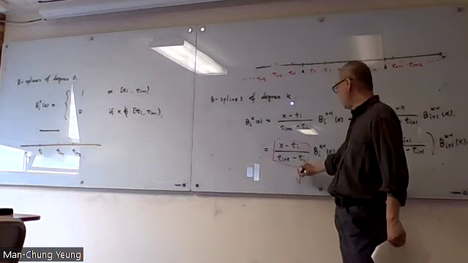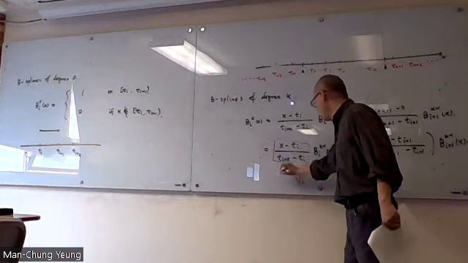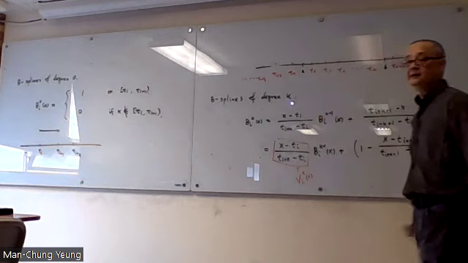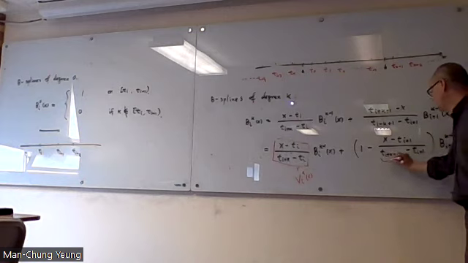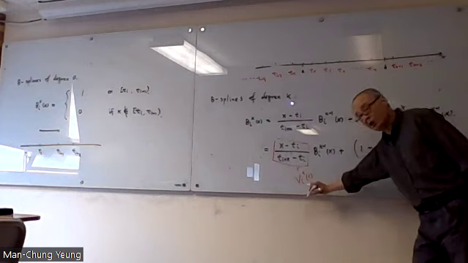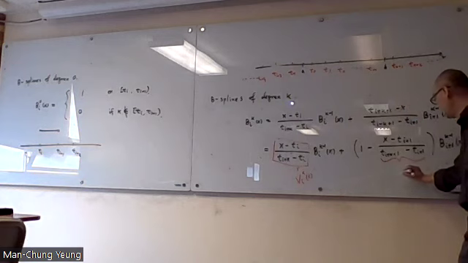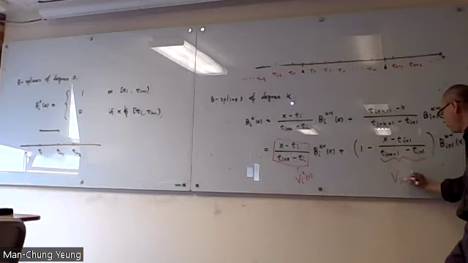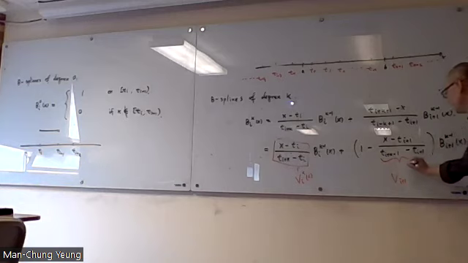This v depends on i, and also depends on k and x. After we introduce this notation, this function will be v_{i+1,k}.